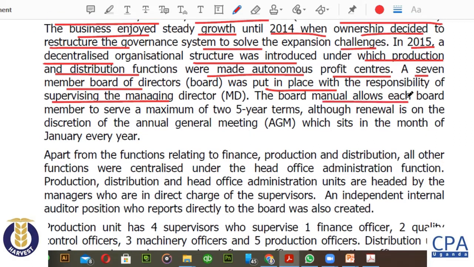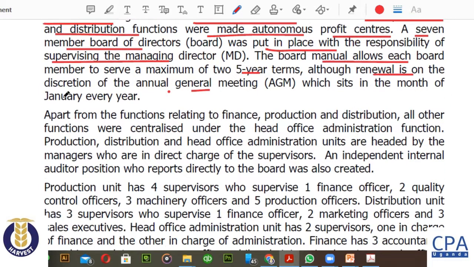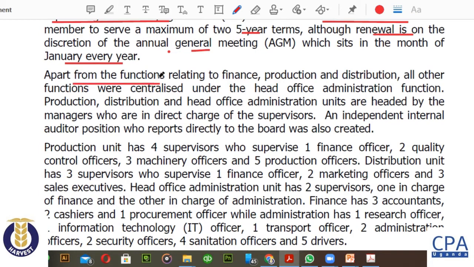The board's manual allows each board member to serve a maximum of 5 years, although the renewal is on the discretion of the annual general meeting, which sits in the month of January every year. Apart from the functions relating to finance, the production and distribution, all other functions were centralized under the head office administration function.